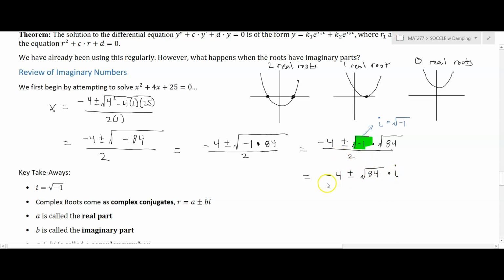Because I have a plus or minus, I'll divide this by 2, and now I see that my roots to this equation are negative 2 plus or minus the square root of 84 over 2 times i. All right, so we have two pieces to this puzzle.